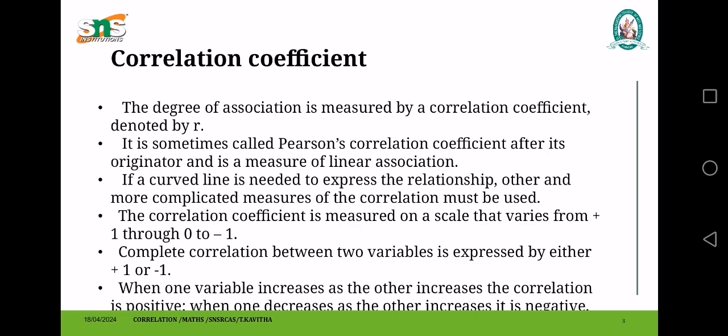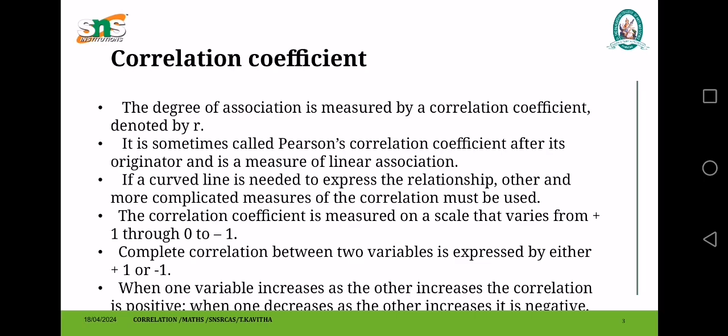Correlation coefficient. The degree of association is measured by the correlation coefficient, denoted by r or gamma. It is sometimes called Pearson's correlation coefficient after its originator and is a measure of linear association. If a curved line is needed to express the relationship, other and more complicated measures of correlation must be used.